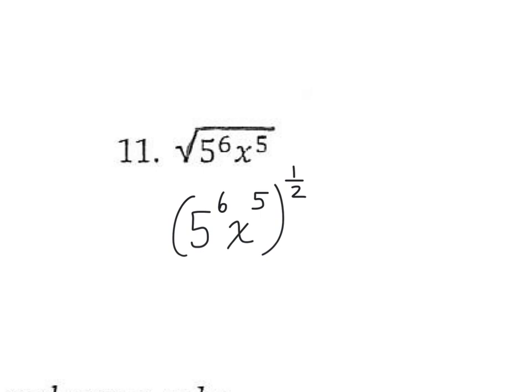Now, it's not really distribution, but we're going to apply this exponent to everybody inside. When we apply exponents like that, we multiply them times one another. So 6 times 1/2 will leave us with 5 to the 3rd power, and x will be raised to the 5/2 power.